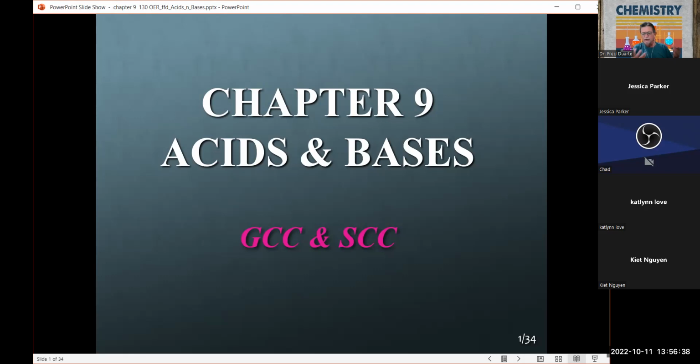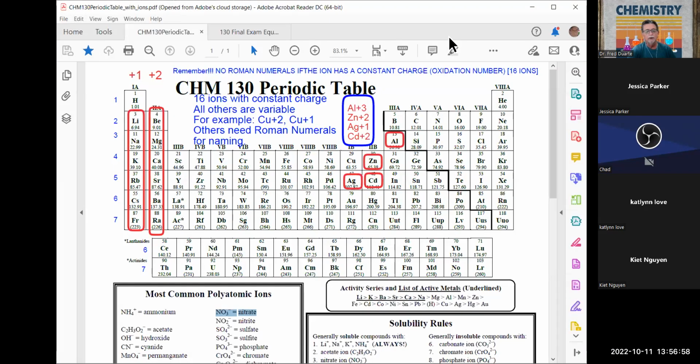We need to figure out what defines an acid and what defines a base. Now, there's two definitions for an acid or a base. And I want to give you some additional information with respect to hydrogen. Hydrogen is a very unique element. Here we are with hydrogen in the upper left side, right here.